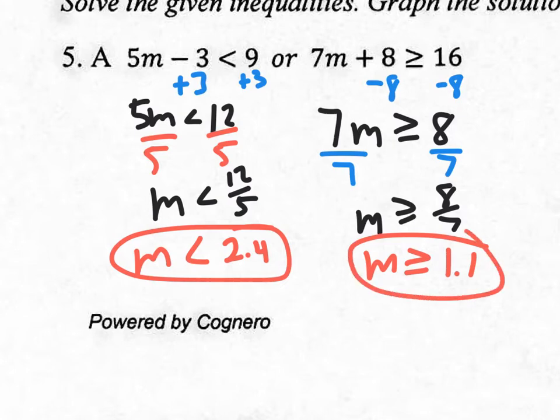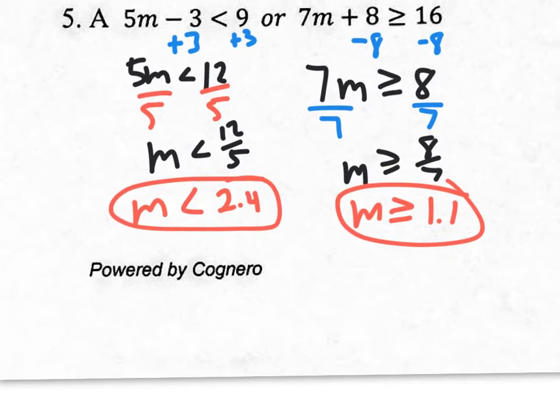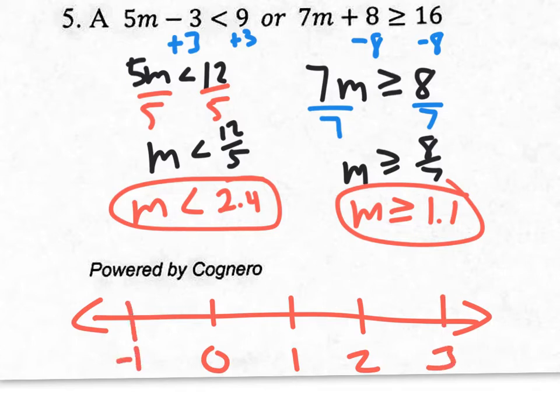Okay, now we need to also identify the correct graph of this. So you're going to see multiple choice answers with the number line representing these. So let's say I have 0 right here, 1 right here, 2 right here, 3, -1, and so on.